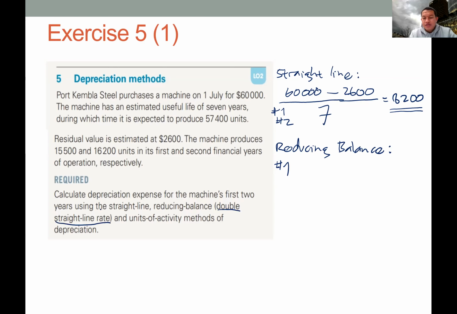So the straight line rate is 1/7. So 1 divided by the economic life of this asset, multiplied by 2 because we want to double this rate, and multiplied by the book value or the carrying value. For the first year, the carrying value should be the same as the acquisition cost, which is 60,000.